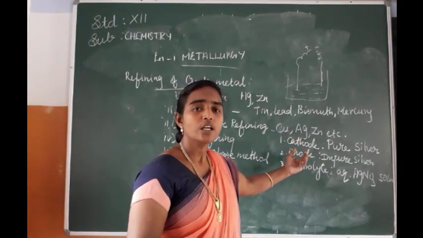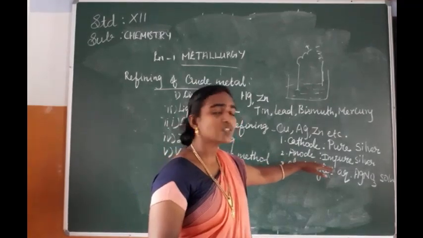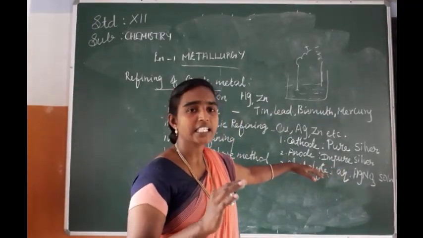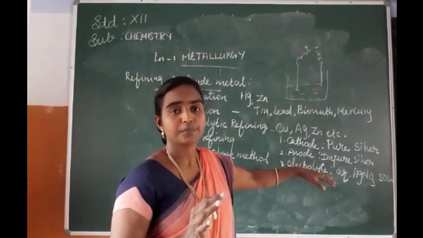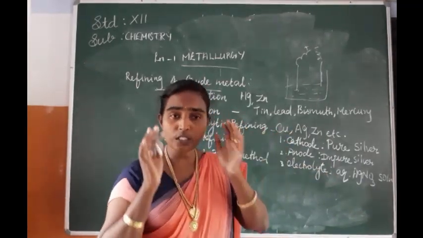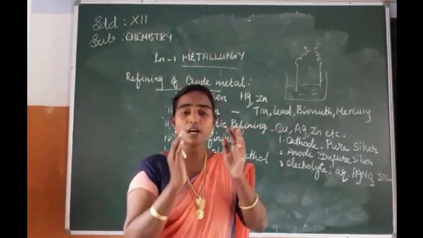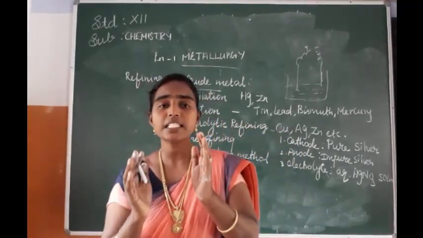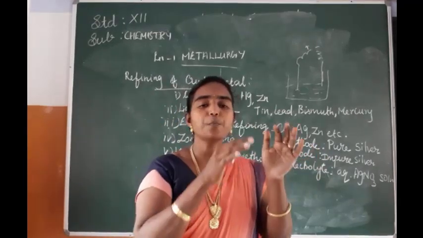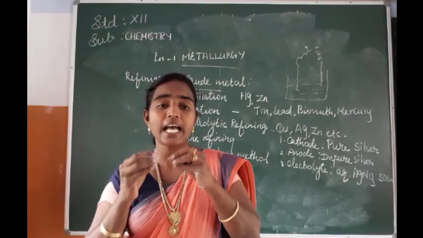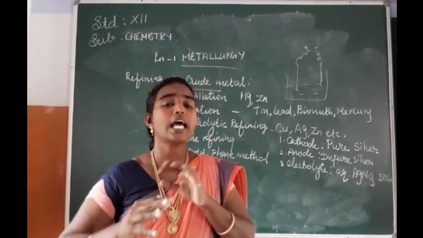In anode, impurities will be left behind. If the impurities are collected, it is called anode mud. Okay. So in all electrolytic refining processes, the pure metal will be deposited on the cathode and impurities will be left behind at the anode. So it is called anode mud.